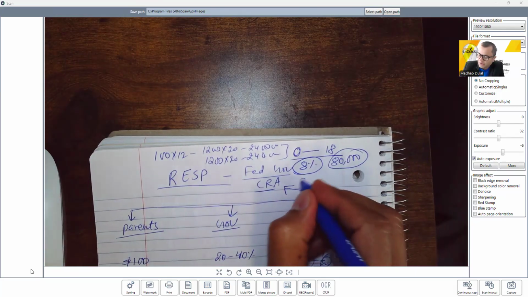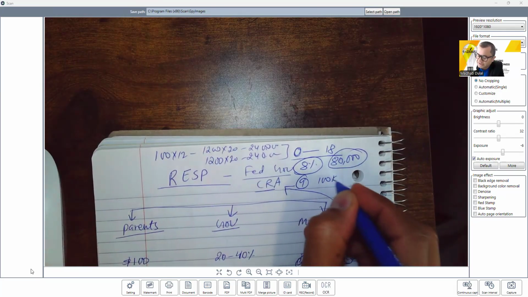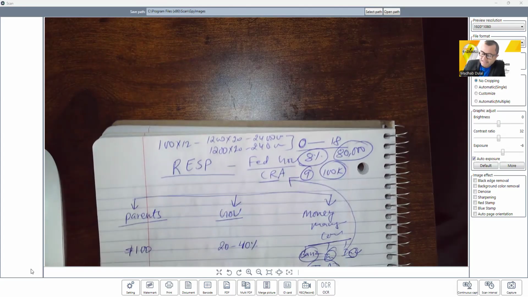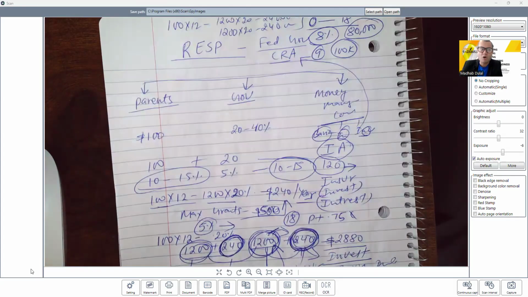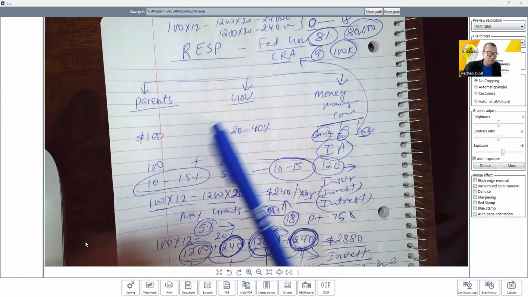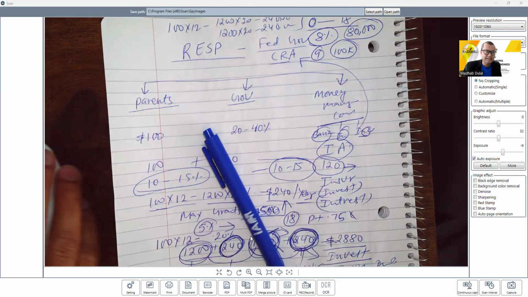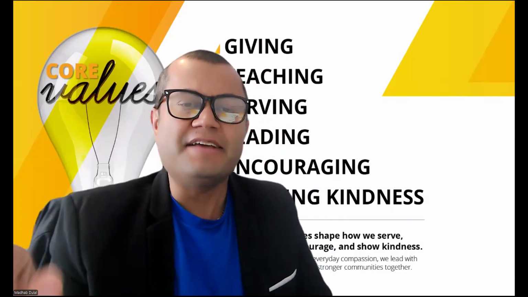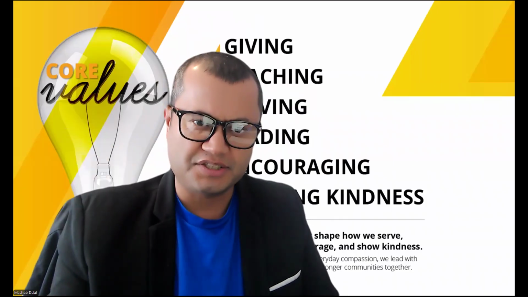If your money grows about 9%, you'll get more than $100,000 just investing $100 per month. Sounds good? So you have to understand how to maximize, how to capitalize, the maximum benefit from the minimum resources.